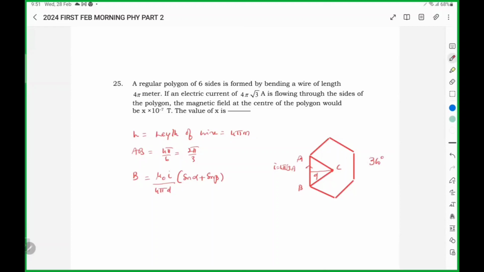Totally in the hexagon, each angle will be 120 degrees. And this will be 60. Here it is 90. This is 30. So the current which passes is 4 pi root 3. And that d will be the height of an equilateral triangle, root 3 by 2 a. So a here is the length of this AB, which is 2 pi by 3. We get pi by root 3.